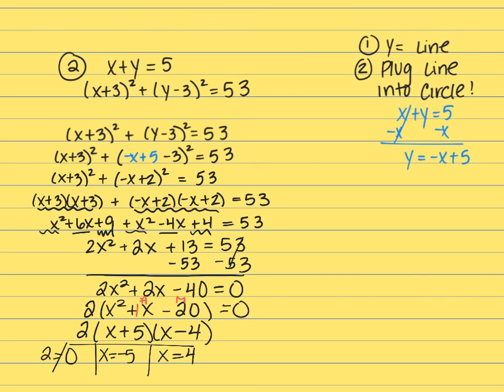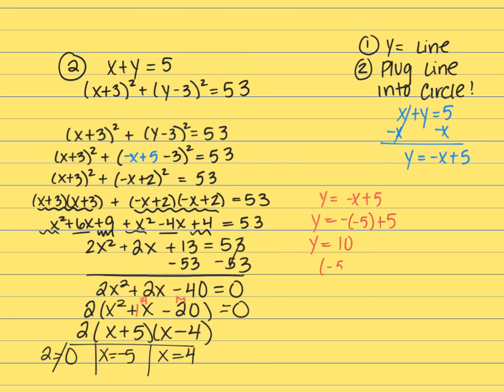So now the second part of this is finding those y values. So you have y equals negative x plus 5. So first I'm going to plug in this negative 5 over here. So I have y equals negative negative 5 plus 5, and that'll give you 10.